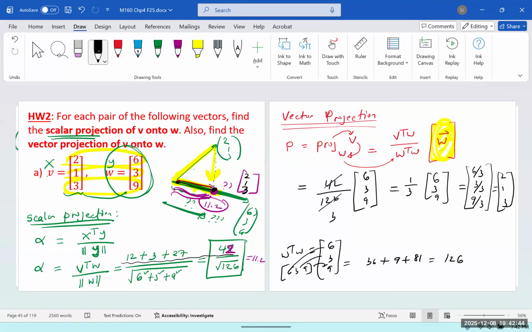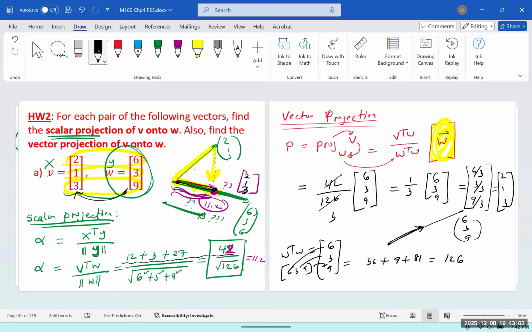And if you observe, these two are actually the same graph, the same vector. So this is your 2, 1, 3 and this is your 6, 3, 9.